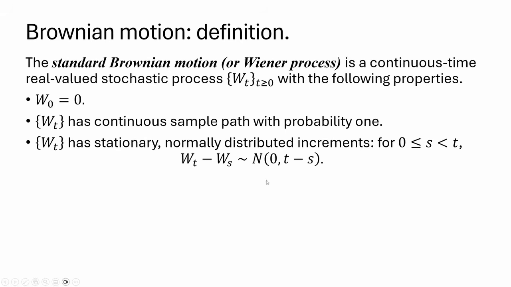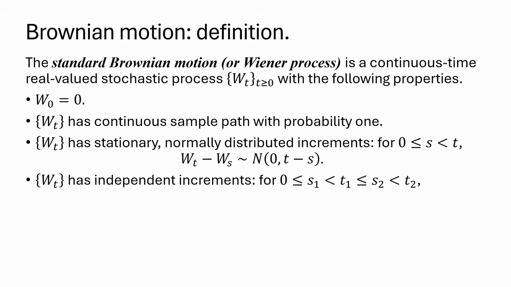We say that the increments are stationary because their distribution only depends on the length of the time interval, not its starting point. So if we have two equal length time intervals starting from different times, the increments over each of these time intervals are identically distributed. That's why it's called stationary.